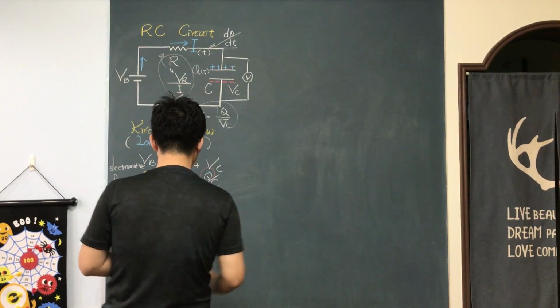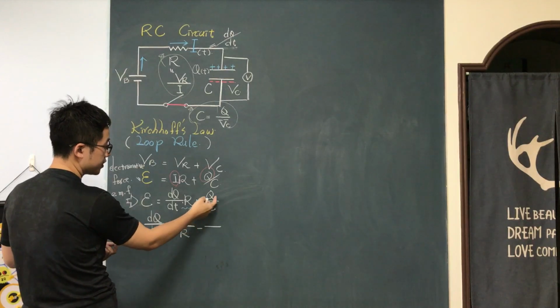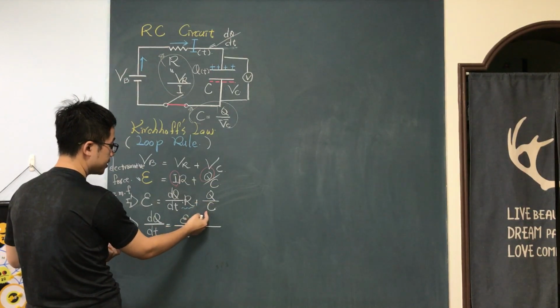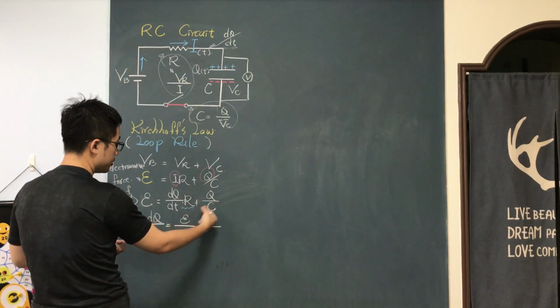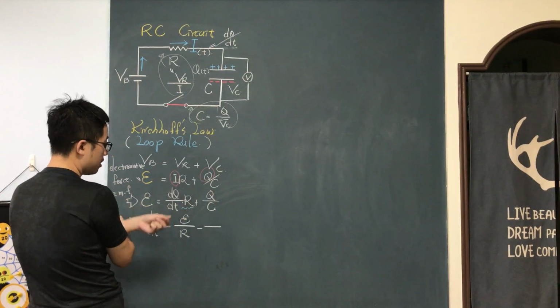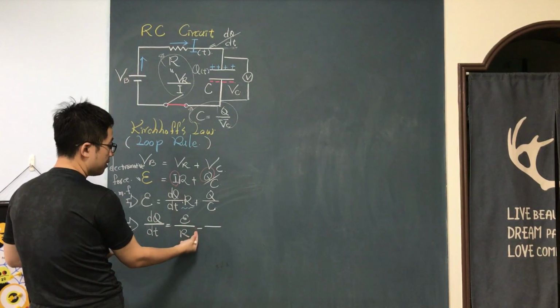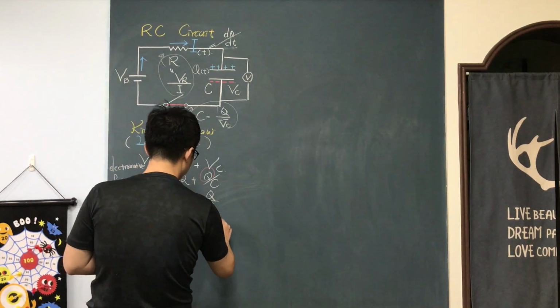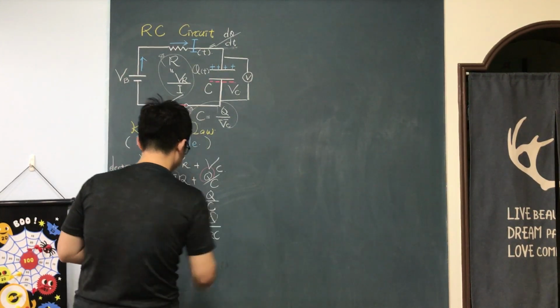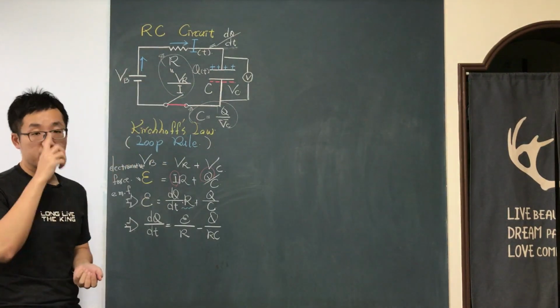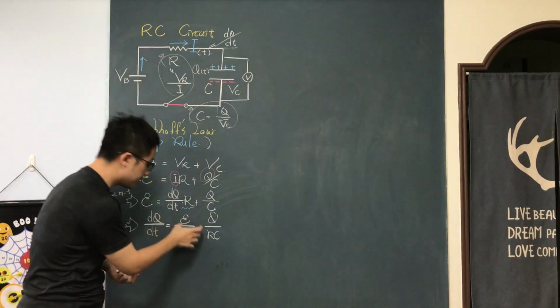E over R, divide both sides by R. This is q over RC, and I switch these terms to the left hand side. So they will be E divided by R minus q divided by RC. Okay. Now I want to combine these two terms.